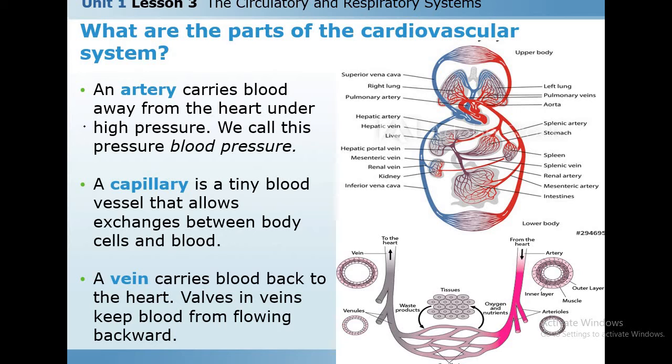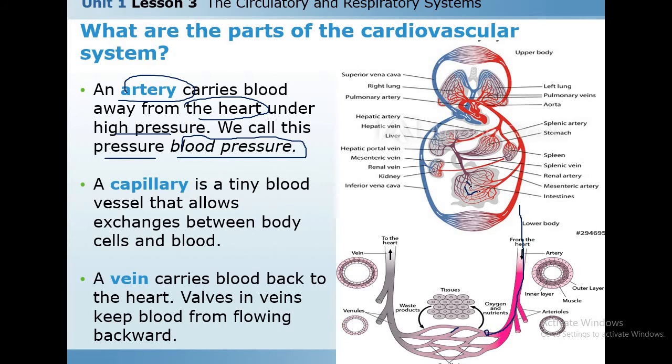Arteries carry blood away from the heart. The function of an artery is to carry blood away from the heart under high pressure. We call this pressure blood pressure. So the artery carries blood from the heart and gets it inside an organ or tissue, while a capillary is a tiny blood vessel.